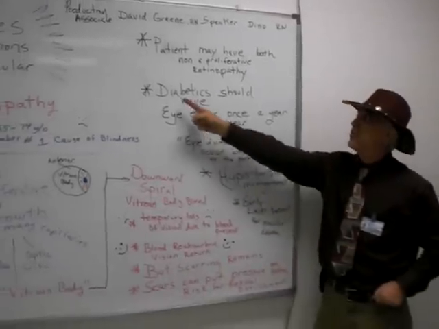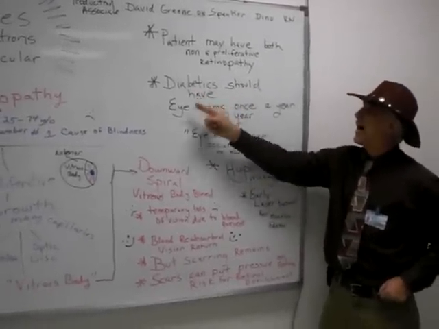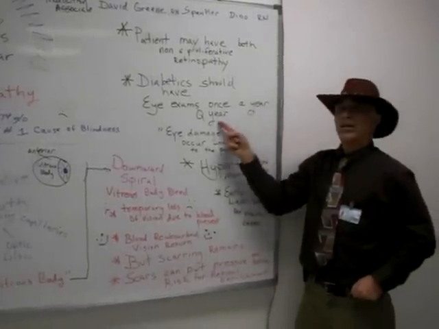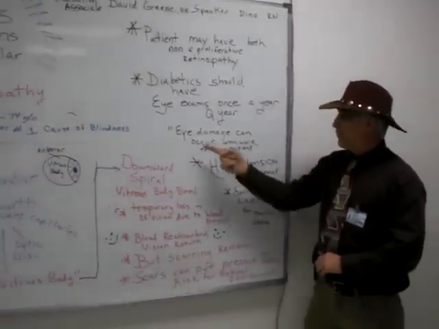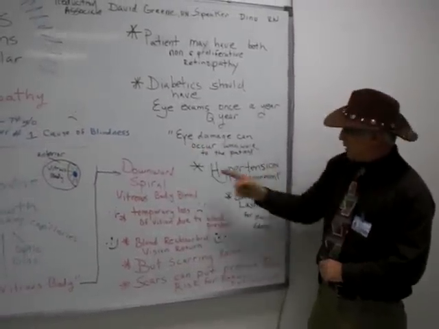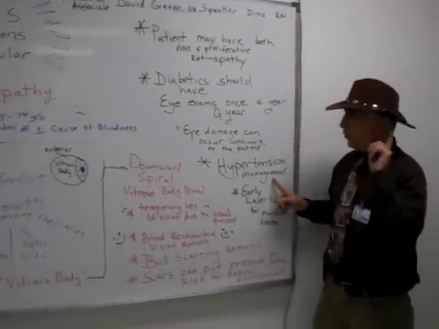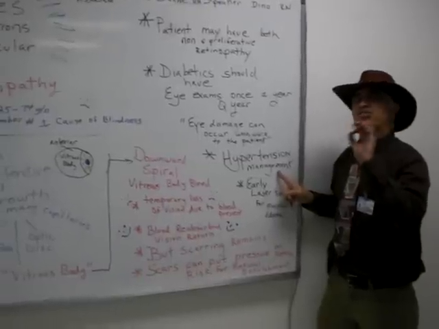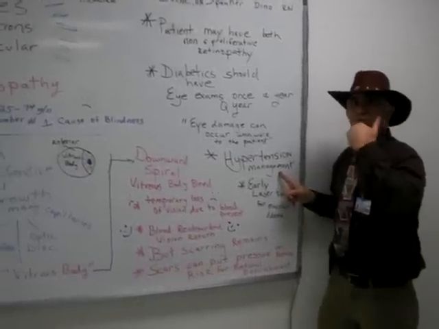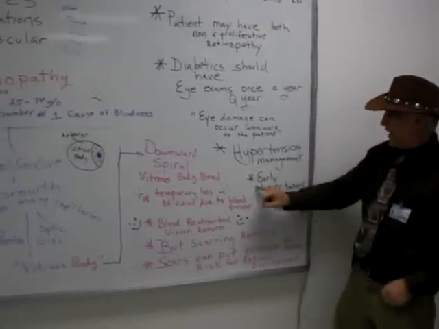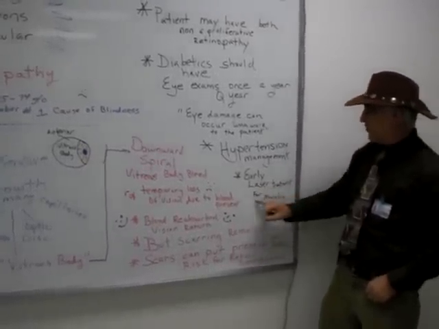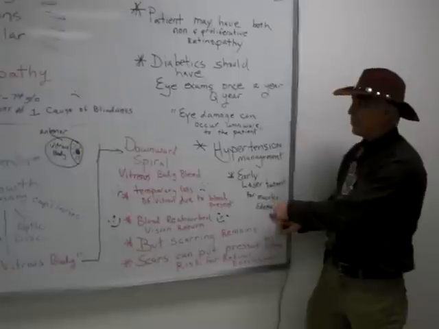That's why diabetics should have eye exams once every year. Hypertension you want to keep under control because that can significantly affect or trigger, if you will, retinopathy. And then early treatment, early laser treatment for macular edema.